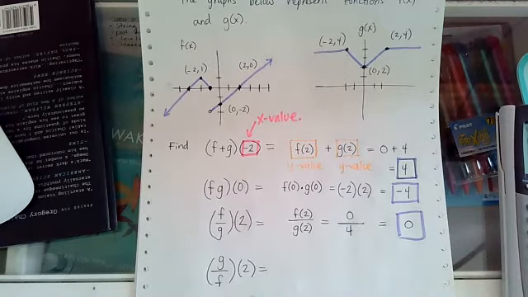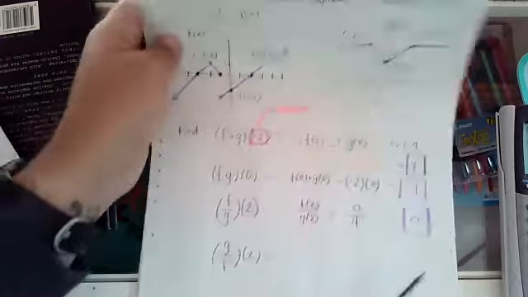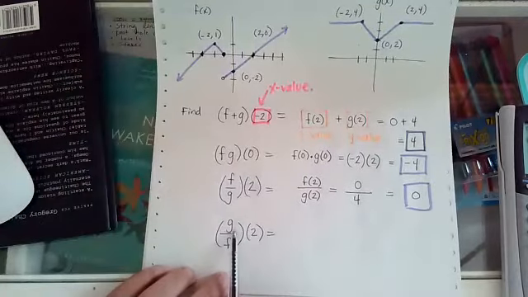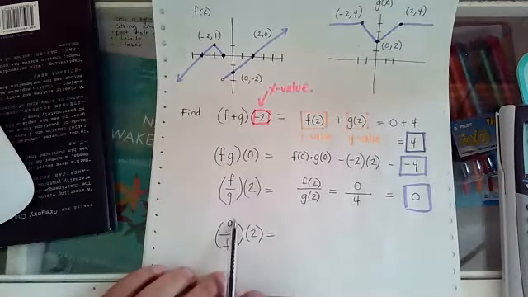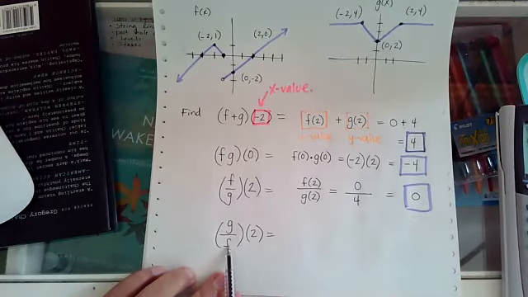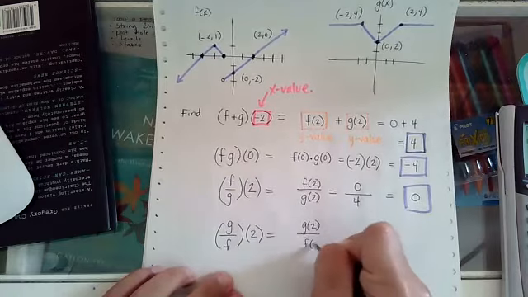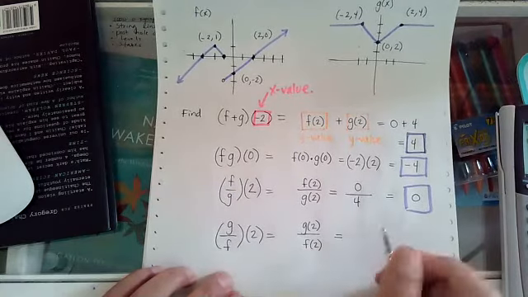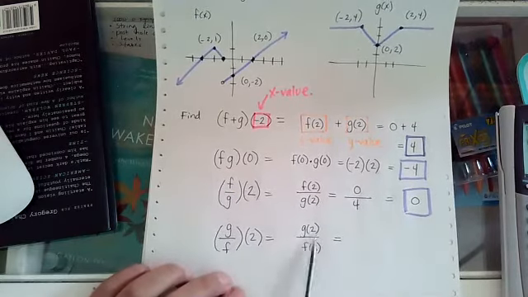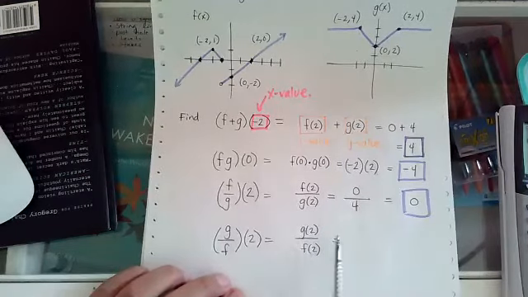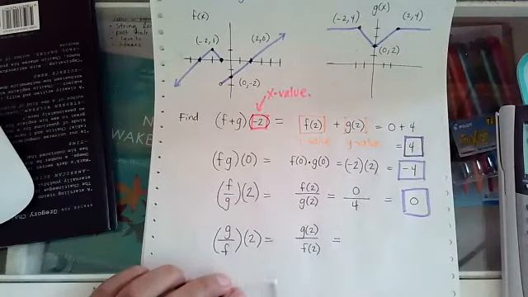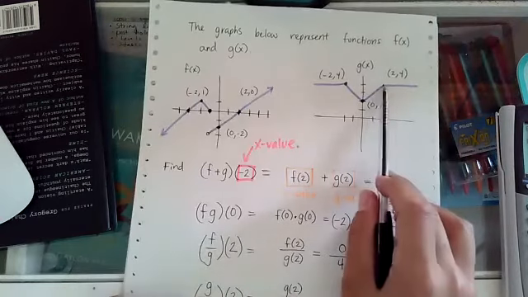Now you might think that the next question is a little bit more confusing, but if we set it up, the order here matters, right? So if G is being divided by F now, then I'm going to put G of 2 on top and F of 2 on the bottom. You could look up these values again, but you might notice that we already looked up the values using the graphs before. G of 2, if I go to the graph, is just 4, right?